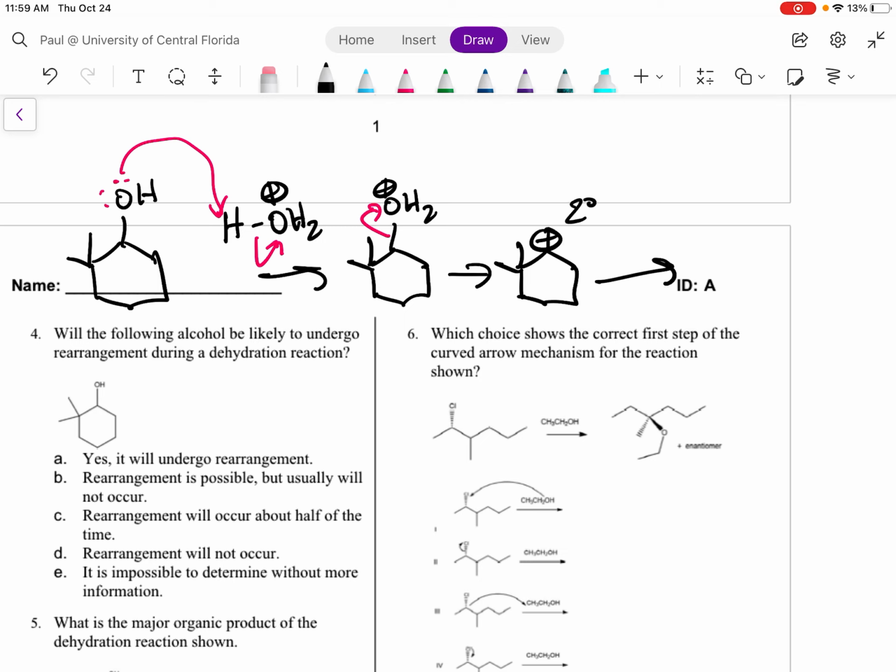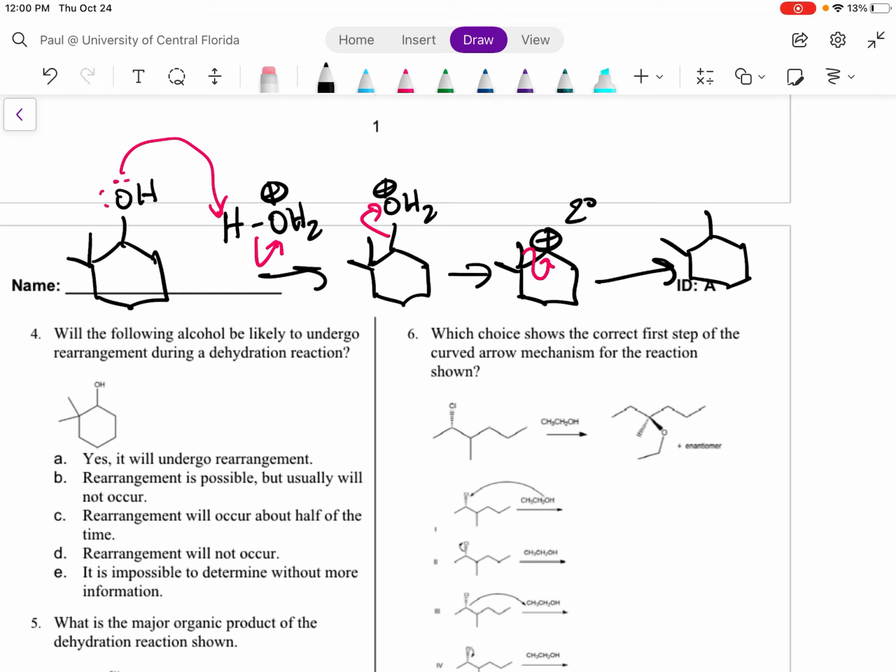And now we are going to do a hydride shift. Sorry, not a hydride shift, an alkyl shift, where this methyl group here can shift over. And when that shifts over, we're going to have now a tertiary carbocation. And where's that carbocation going to be?